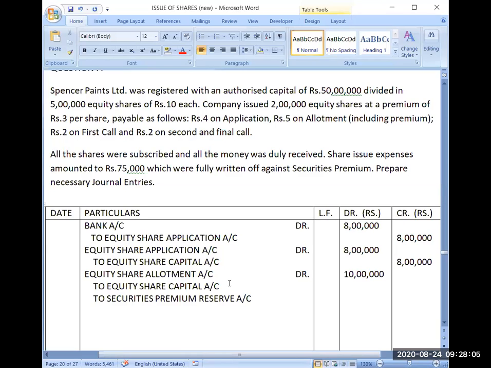Yes, fine. Now to calculate the capital amount, I will multiply 2 lakh by 2 rupees, so my capital will become 4 lakh. And now 3 rupees premium multiplied by 2 lakh shares, so the total premium amount will become 6 lakh.